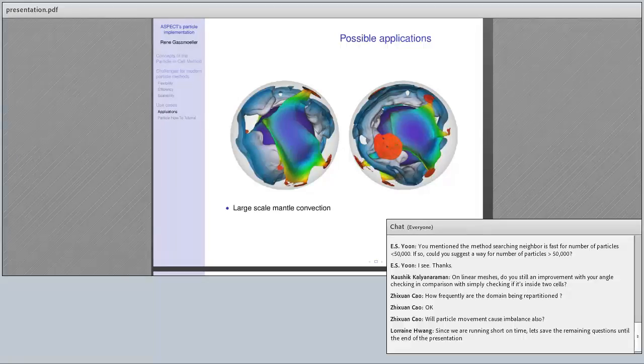Other applications we have done so far are large-scale mantle convection models, in which we could use particles to track the chemistry. In this model, we actually don't do that, but we can use them to track the distance between the position at the beginning of the model and a certain later part of the model. So we can better visualize the flow this way.